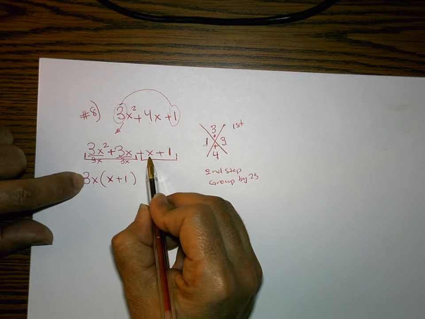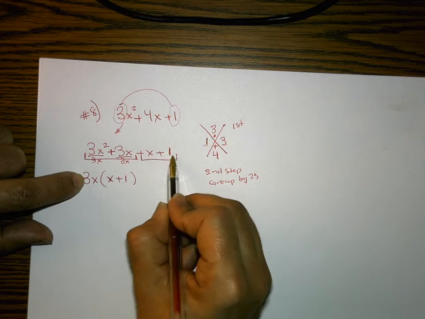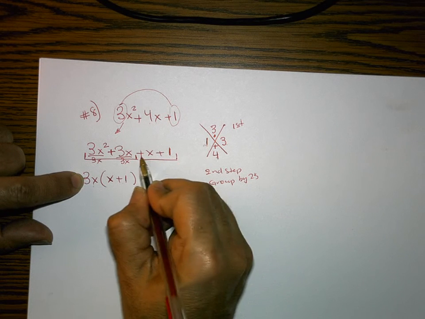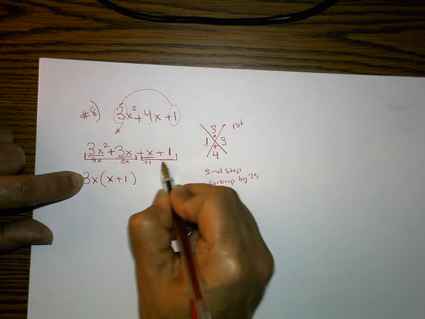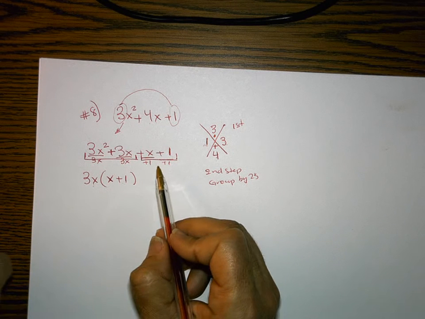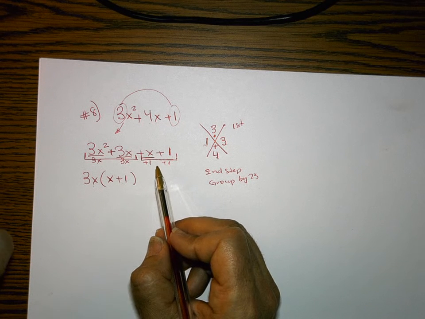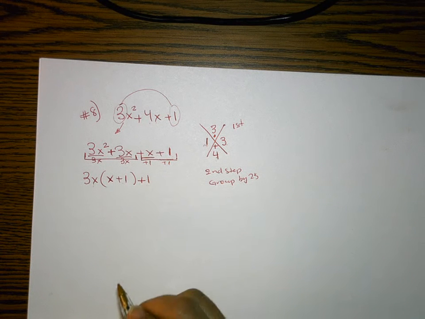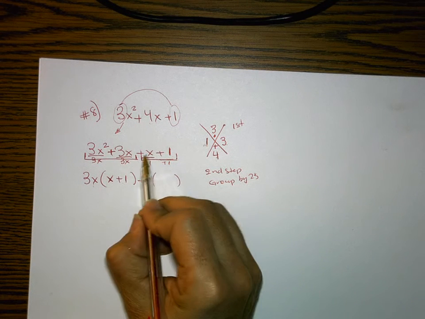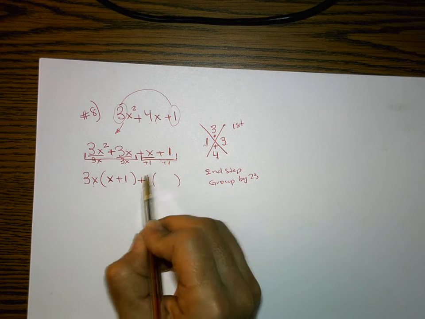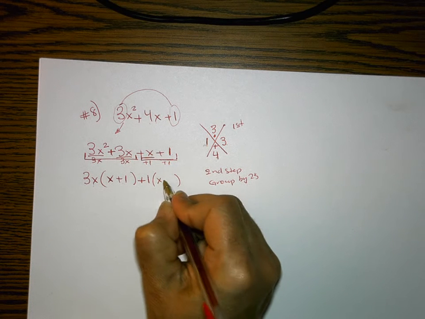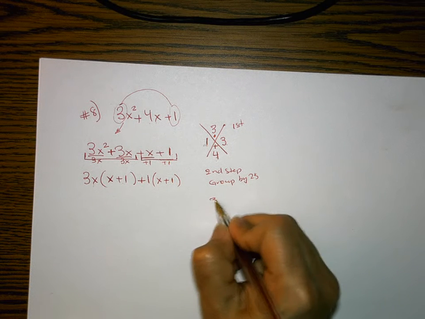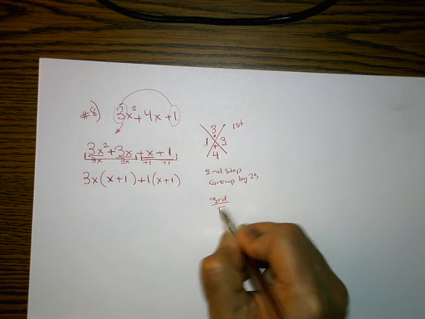Now, it looks like a positive x and a positive 1 have nothing in common, but we still can divide both of them by a positive 1. If they have nothing in common, one thing for sure is that they are both divisible by a positive 1. So when I divide x plus 1 by a positive 1, we still get x plus 1. Then my third step is to factor again.